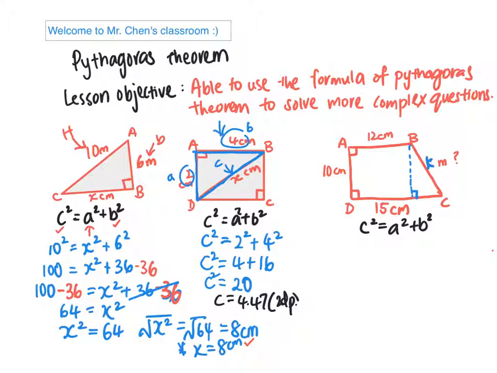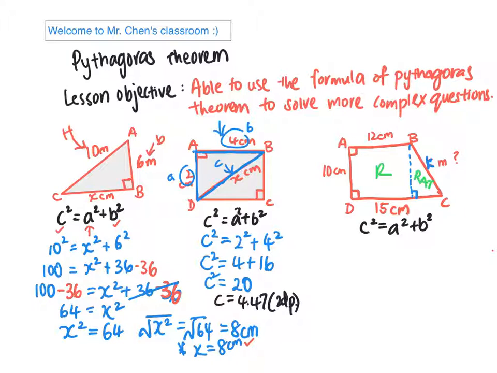It involves what we call a composite shape. A composite shape pretty much means you have a combination of two or more different shapes together, which in this case is a rectangle and a right angle triangle.